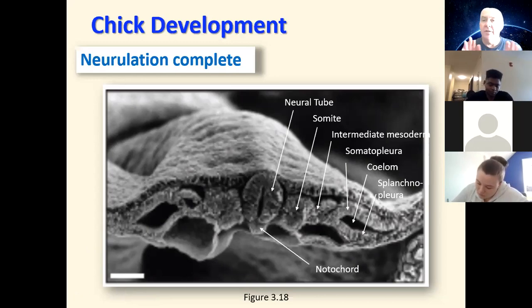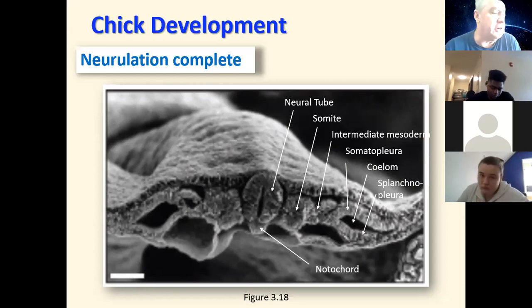In the posterior end, same thing, folding up, and that's the hindgut. And in the middle, the sides of the embryo will fold together and form the rest of the gut. The whole gut tube will close up from either end, except for the very middle. In the very middle, the gut tube doesn't close up, because that's where the umbilicus is going to come out and interact with the non-embryonic parts of the egg.